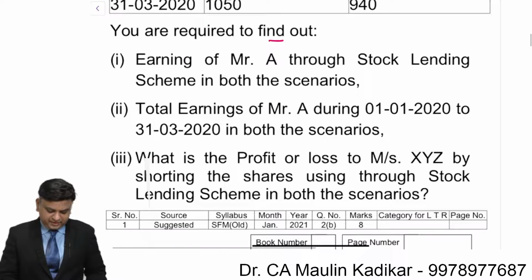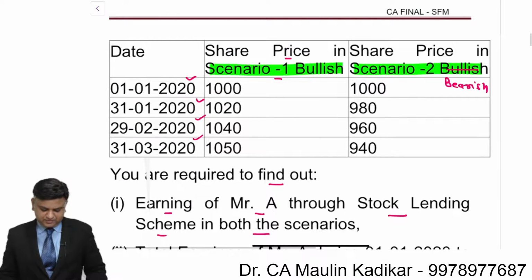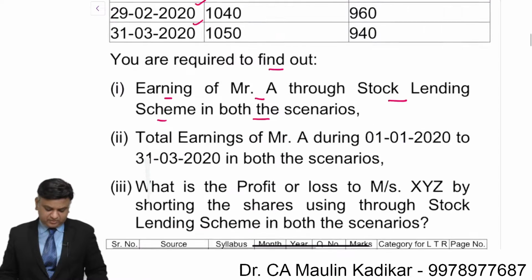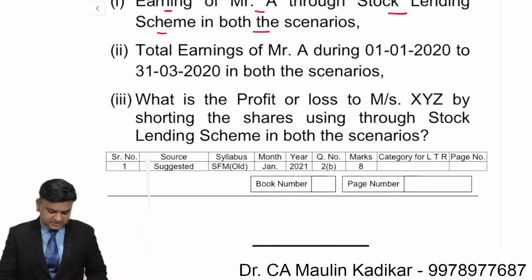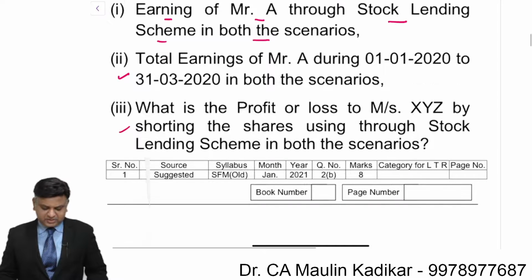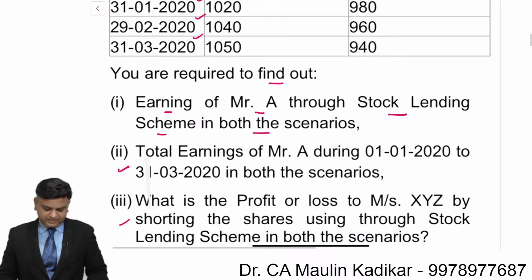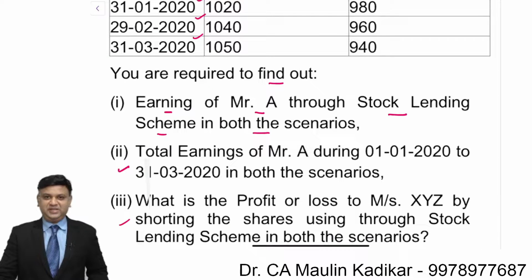You are required to find out the earning of Mr. A, who lent the stock through the stock lending scheme, in both the scenarios. Then the second and third parts of the question are also required to be calculated. Everybody is requested to go through the question, please.